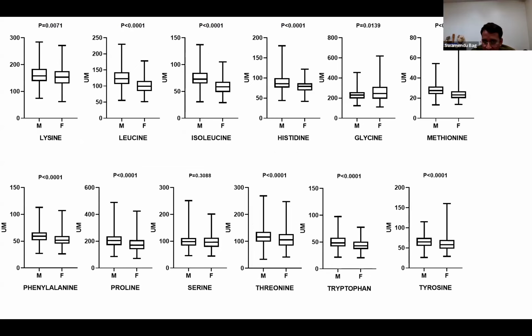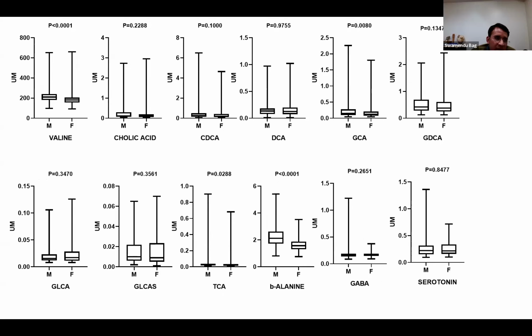So these two amino acids have no significant expression changes between the two sexes, male and female. But apart from that, all of the other amino acids showed significantly higher expression in male compared to female. And valine also showed the higher expression in male.